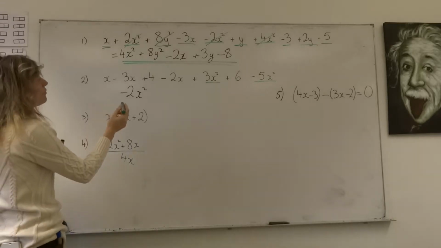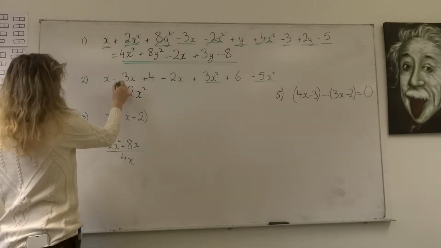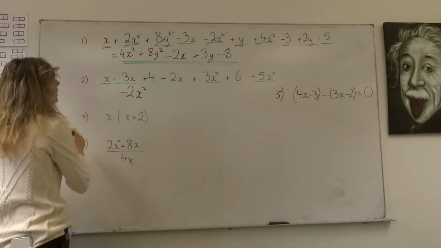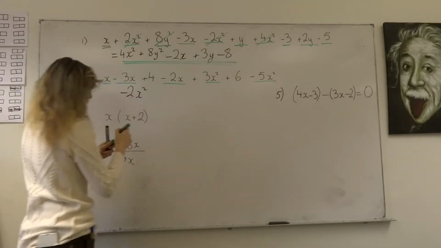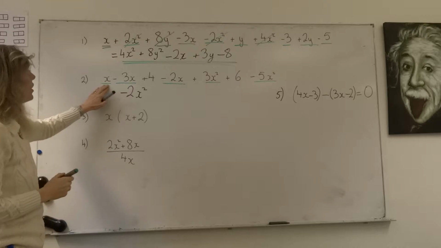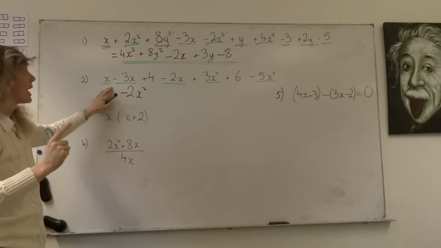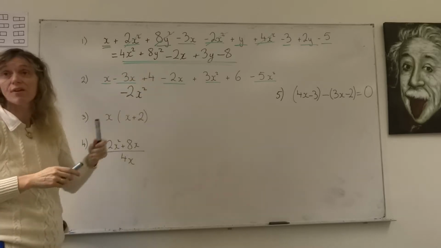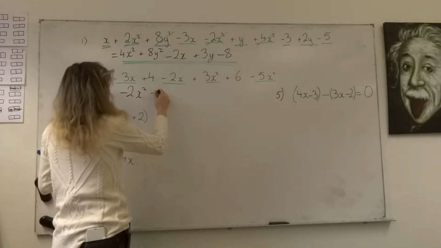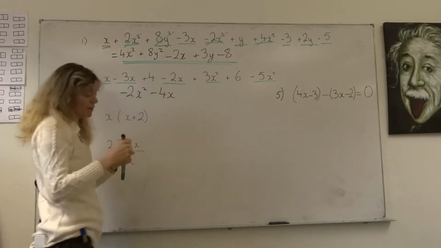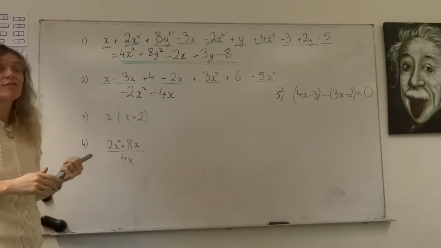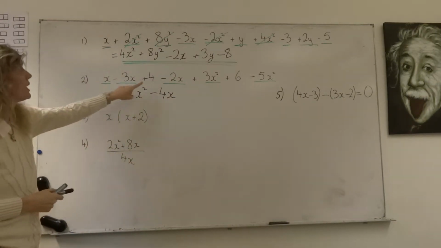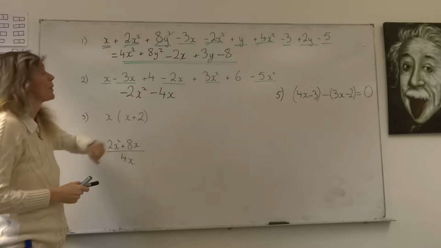Well, here I have minus 3x plus an x here, minus 2x. So what I've got is 1 positive x and 5 negative x's. So x minus 5x will give me minus 4x. I've got 1x and I'm taking away 5 x's because I have minus 3 here and minus 2 there.